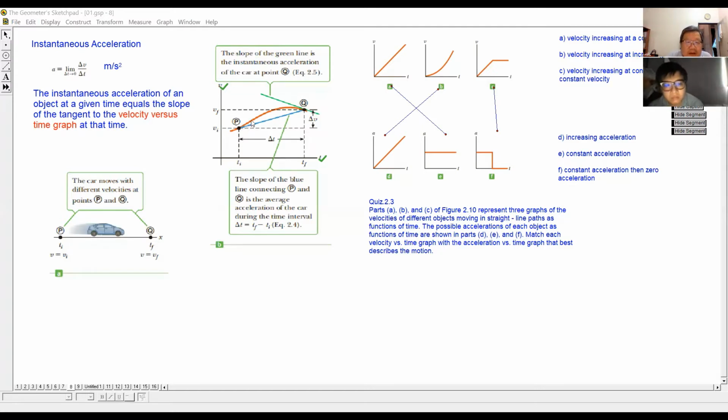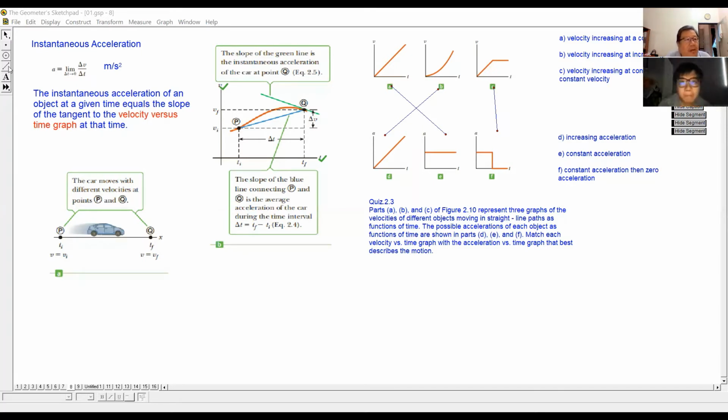That's why we have this red line here. The average acceleration is not the acceleration along the red line. It is just the straight blue line. So it's actually the delta V over the delta T.